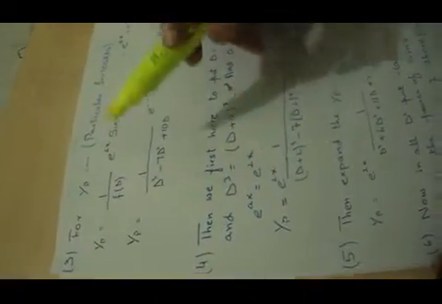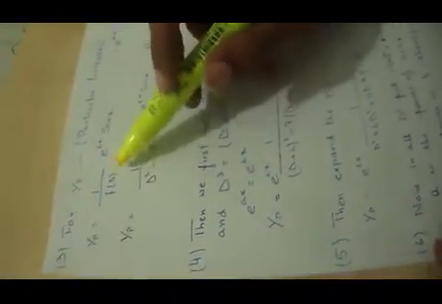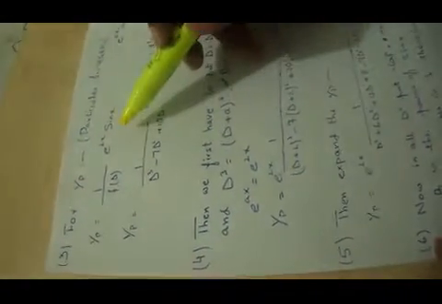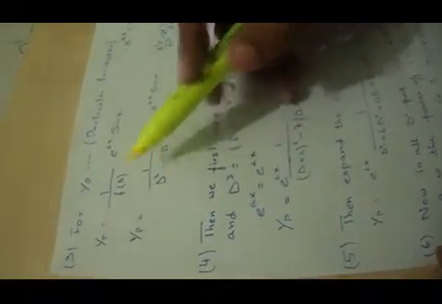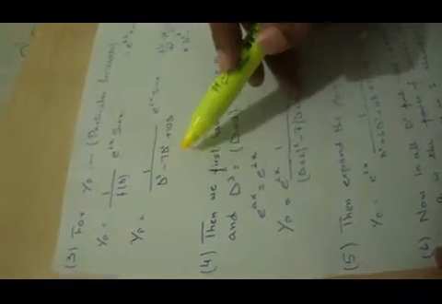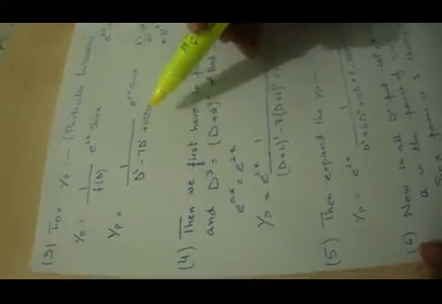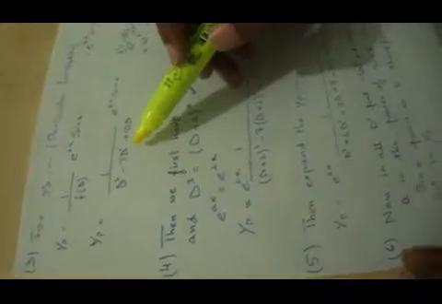Now for yp, which is also called the particular integral. The formula for solving yp is 1 upon f(D) e^(2x) sin x. Since we know that our f(D) is equal to D^3 minus 7D^2 plus 10D, we just have to put it in the place of f(D).